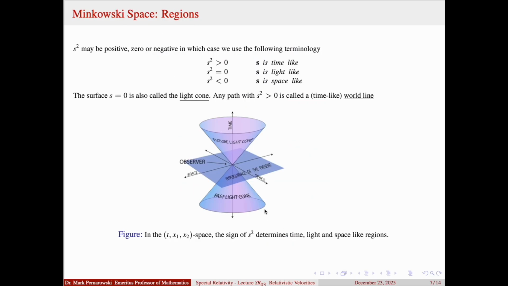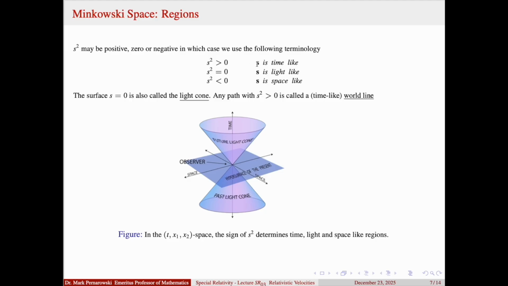If that S squared term in the previous slide is positive, the terminology is that the coordinate is time-like. If it's zero, it's space-like. If it's less than zero, this is a nonsensical expression, by the way, S squared less than zero. We'll get imaginary numbers, and how are you going to interpret that? That's hard, but they still refer to that as space-like.